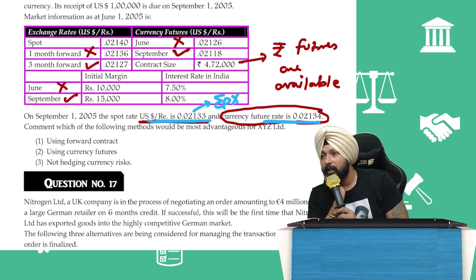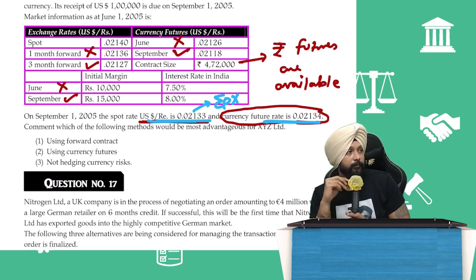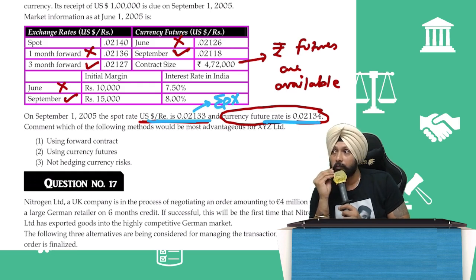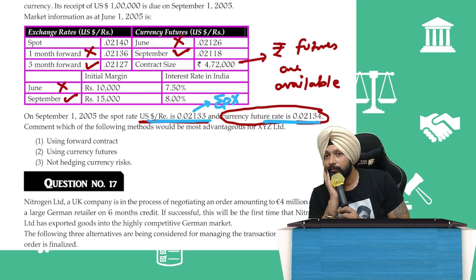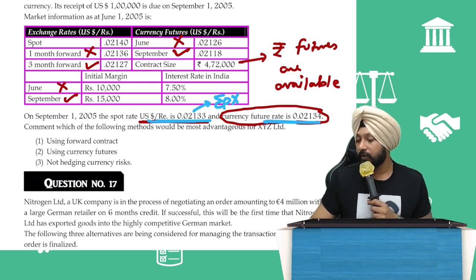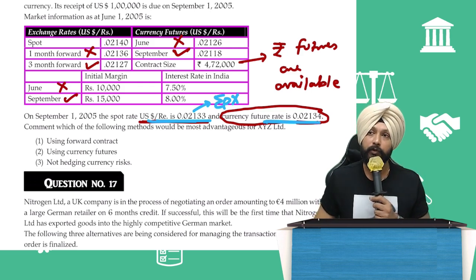What makes this sum impractical in the real world? Rupee futures are given. It is a wrong framing of a question.